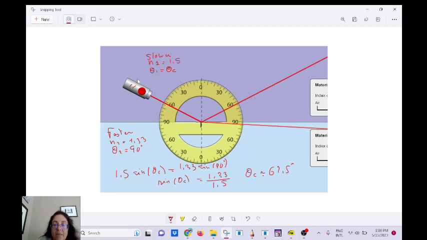So when the angle is 62.5, then the refracted angle here is 90 degrees. If the angle is larger than 62.5, there is only reflection.